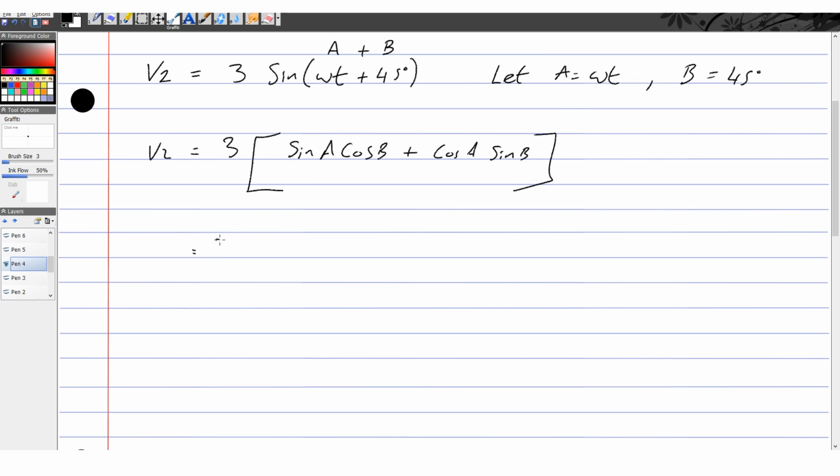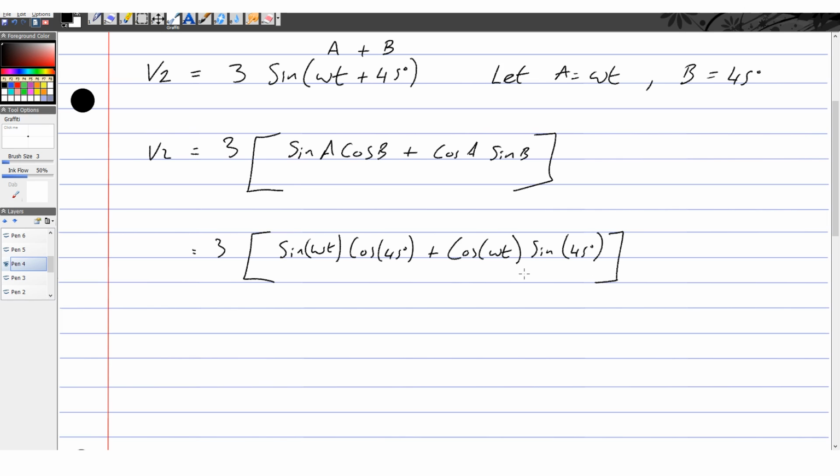So the answer is going to be 3 lots of sine omega t multiplied by the cosine of 45 degrees plus the cosine of omega t times the sine of 45 degrees.